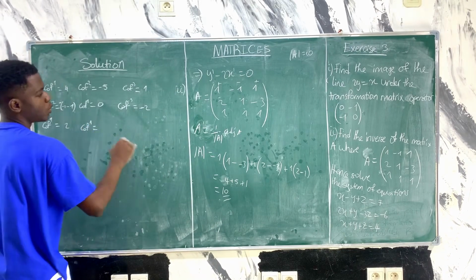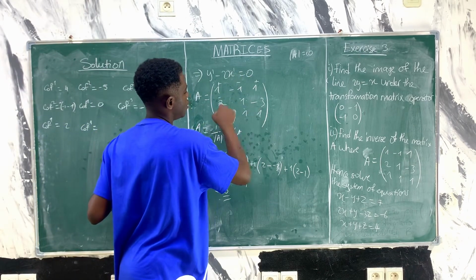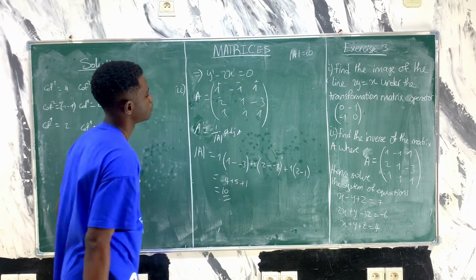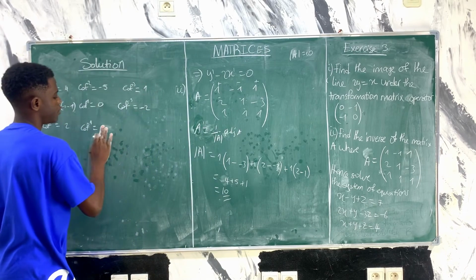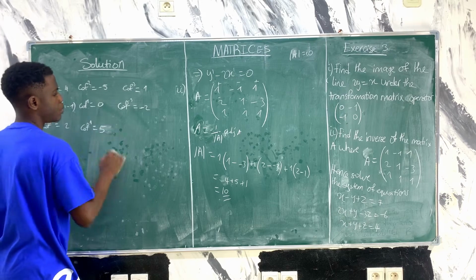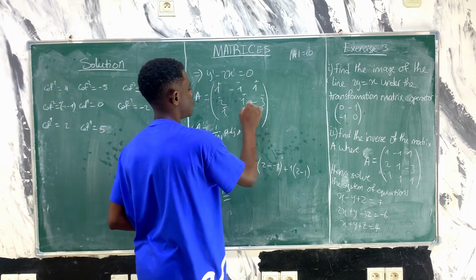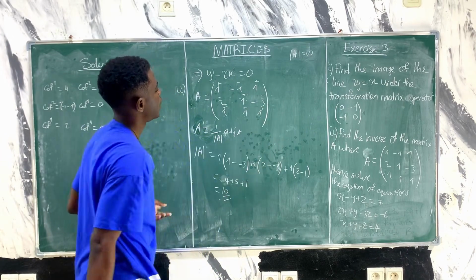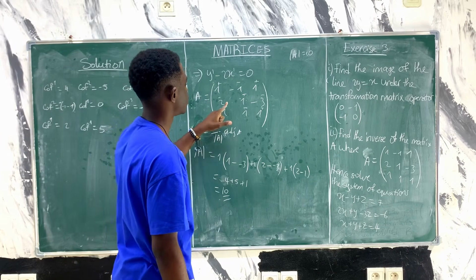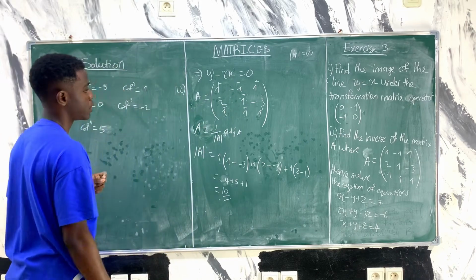Cofactor at the one next, you have cancel here and cancel here. You have minus 3 minus 2 is minus 5. Signs: plus minus plus, minus plus. So lastly, I have 1 minus 2.